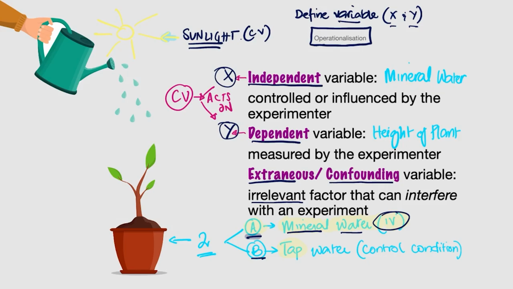So everything between plant A and plant B has to remain the same except for the independent variable, which will only be used for plant A. So that's how you design the most basic experiment. Now let's look at this control condition in a little more detail.